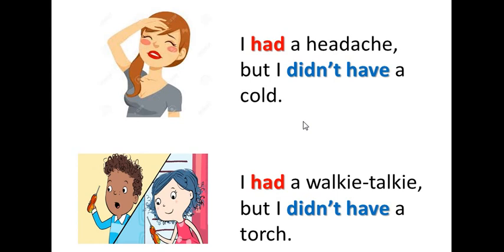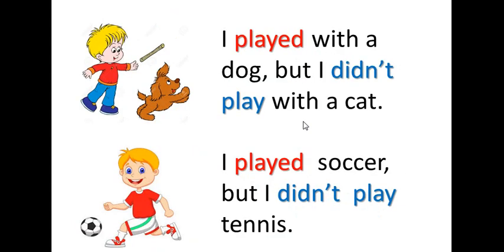If you can see in the four examples, we have in red color the verbs in past. In this case, the verb is play. In past is played. And after that, in blue color, we have two words. Didn't play.